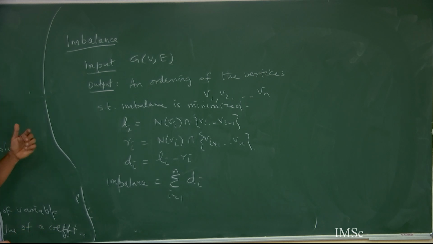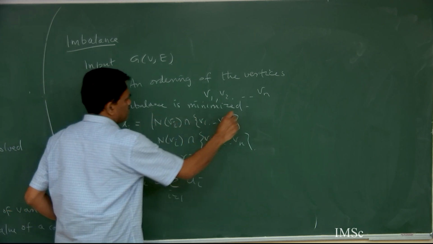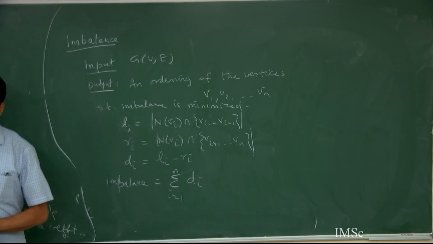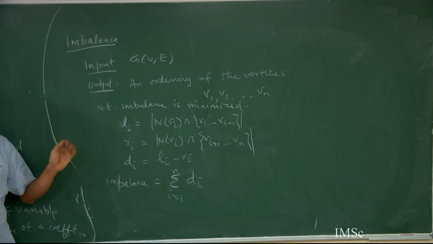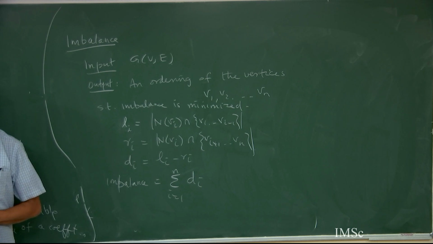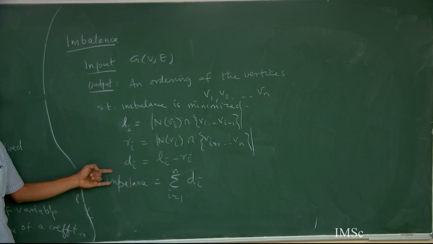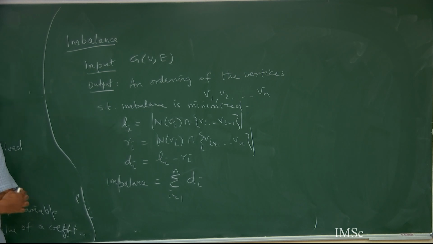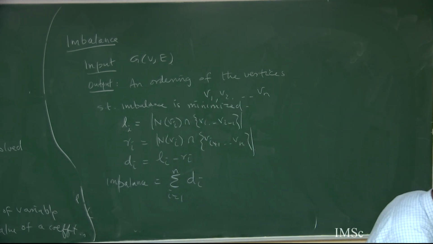So for every vertex, I look at the number of neighbors to its left, L(i), the number of neighbors to the right, and take the difference. For some reason it's defined as L(i) minus R(i), with the absolute value, and you want to minimize this imbalance.